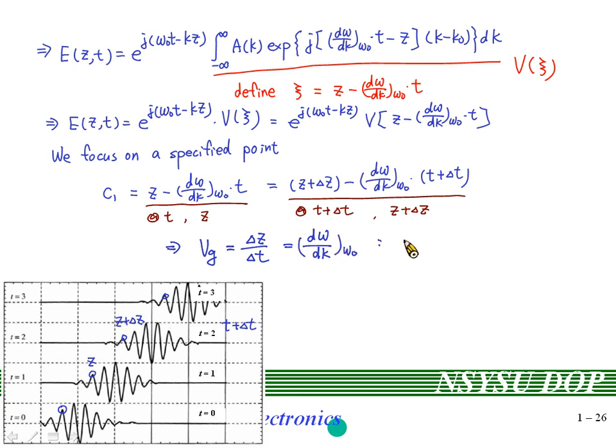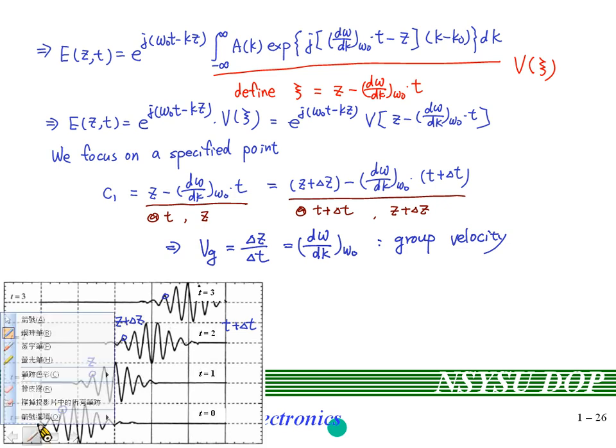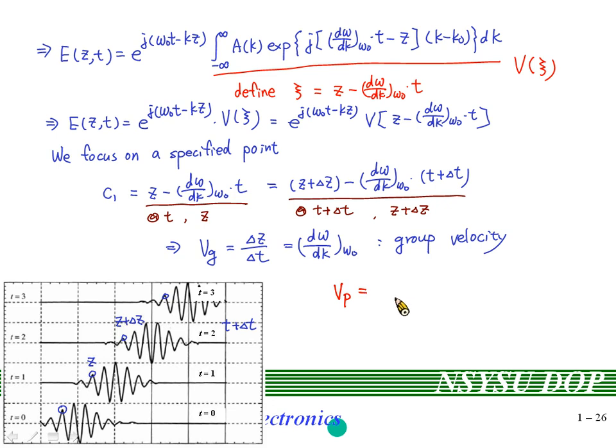And this one is the so-called group velocity. Now let us perform some summation here. We have learned the velocity of the phase is Vp, which can be obtained by omega over k.